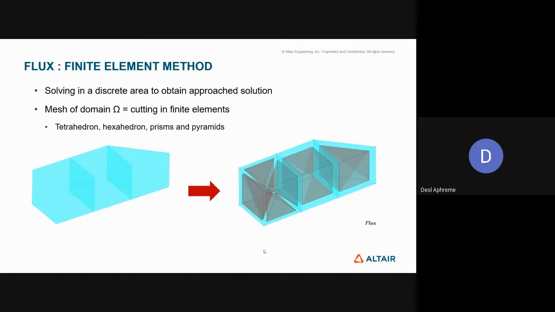So the finite element method refers to the division of this entire geometry into smaller parts, basically tetrahedrons, hexahedrons, prisms, and pyramids, so that we can find the electromagnetic quantity we are trying to focus on in this particular cut down element, and then the entire domain can be visualized and integrated to get the entire domain's response.